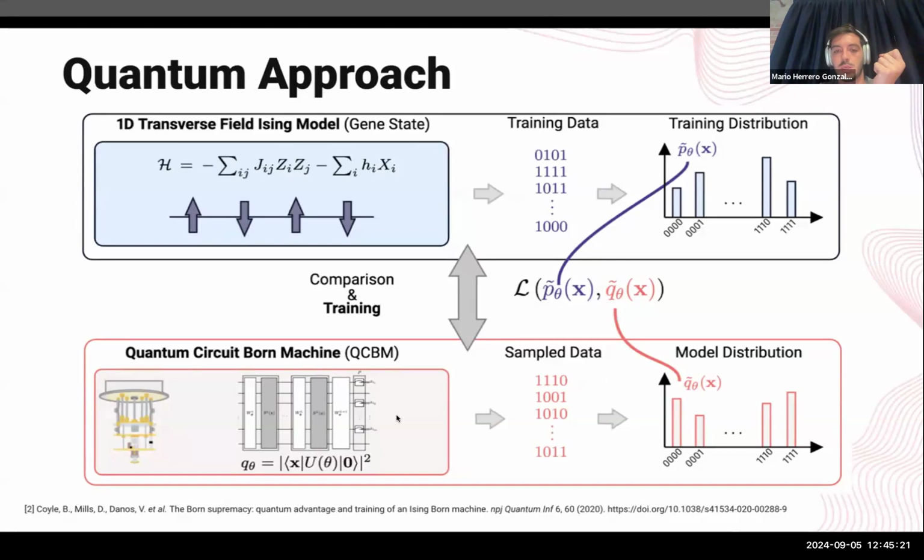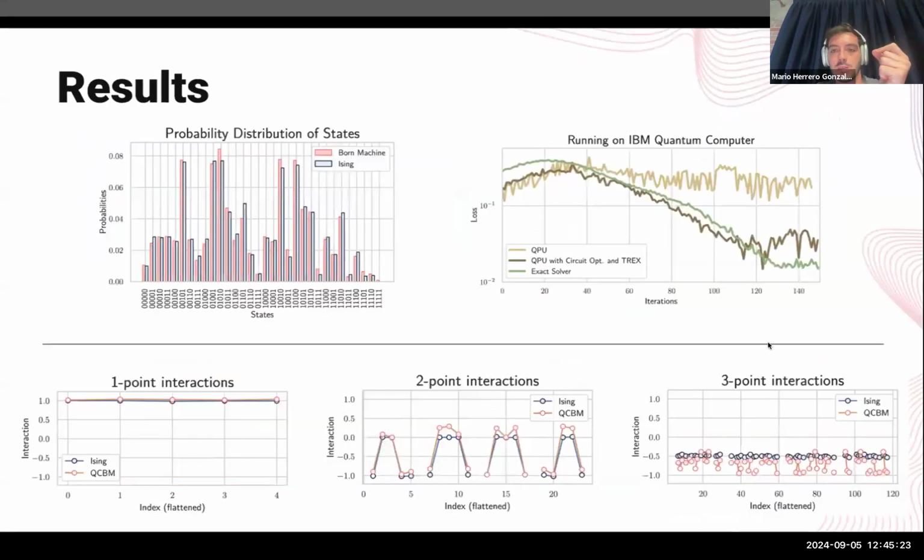So that's the objective. And for the pleasure of your eyes, here's what training in a quantum computer actually looks like. As I said, we are trying to match up the two probability distributions. Here we see in pink or red the one from our quantum computer, and notice that this is at the end of the training.